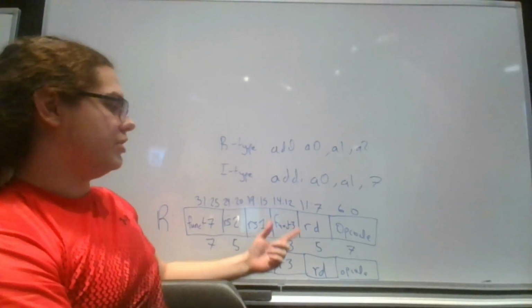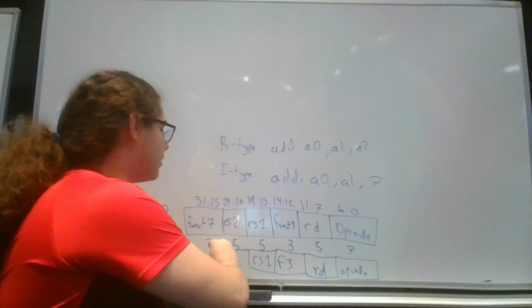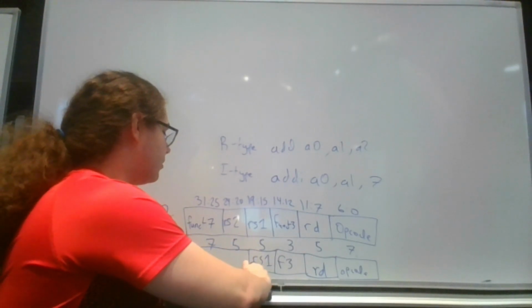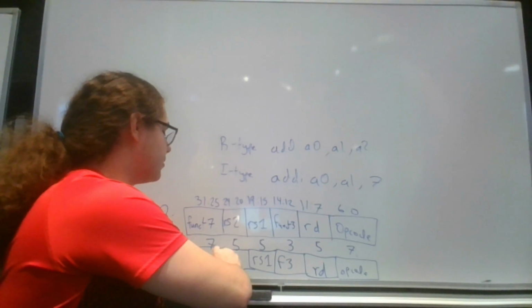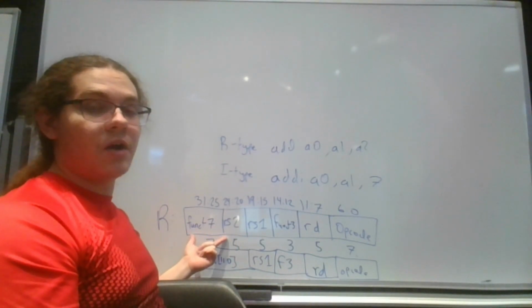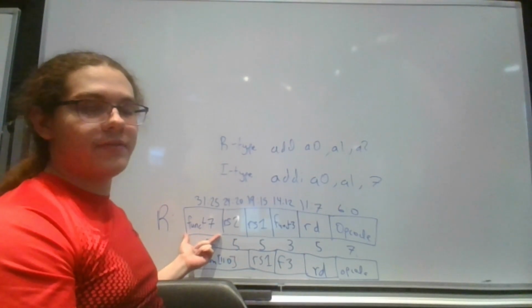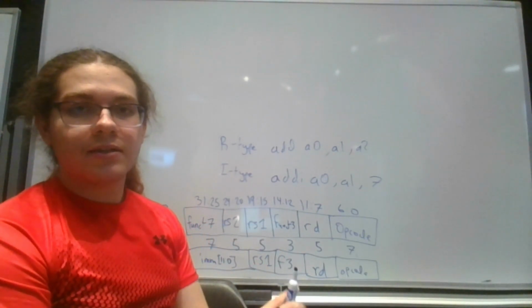But remember that we actually don't have an RS2. There is no second source register. And it happens that all of these bits here are used to encode the immediate. So instead of having an RS2, and also we got rid of the funct7 field, we now have that to encode any 12-bit immediate we want.